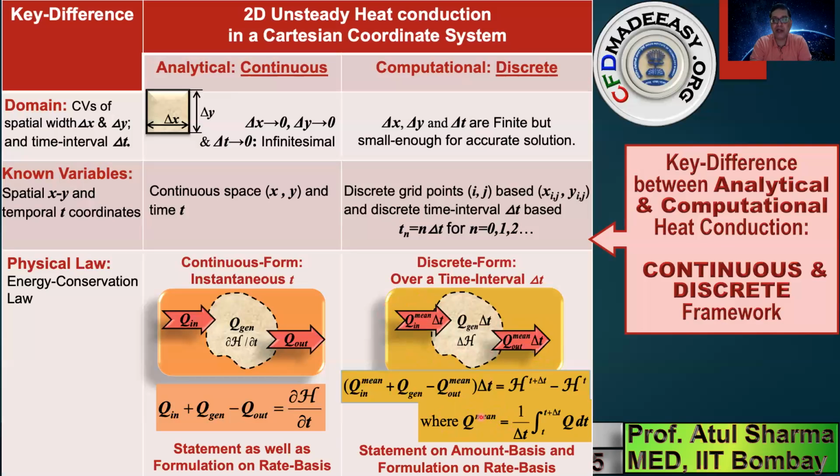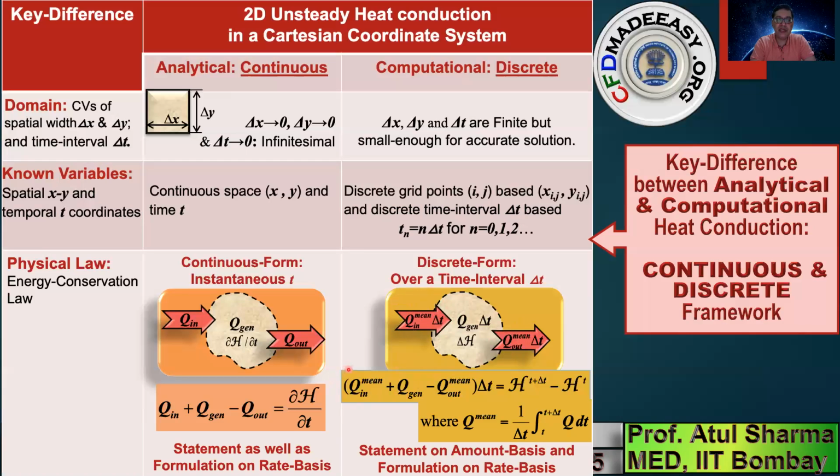But what I am telling you is that to calculate the total amount of heat which is entering, I am expressing it by a time averaged rate of heat transfer multiplied by the time interval. So this is the time averaged amount of heat using the time average heat transfer rate. This is the amount of heat which is entering. This is the amount of heat which is leaving.